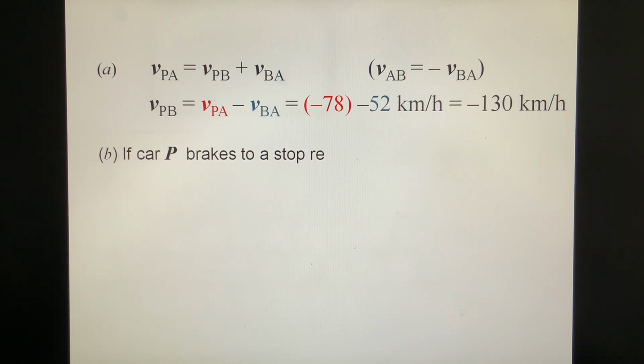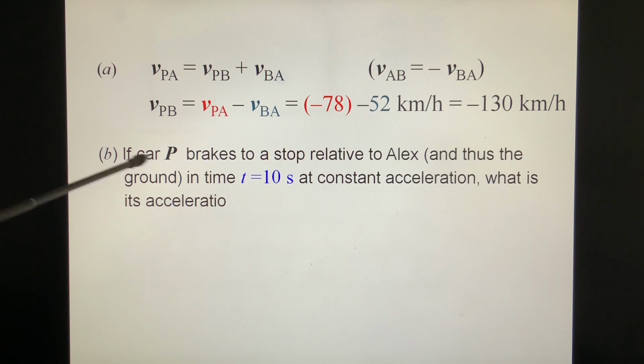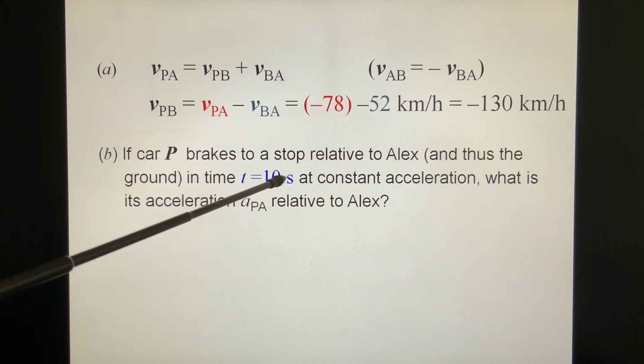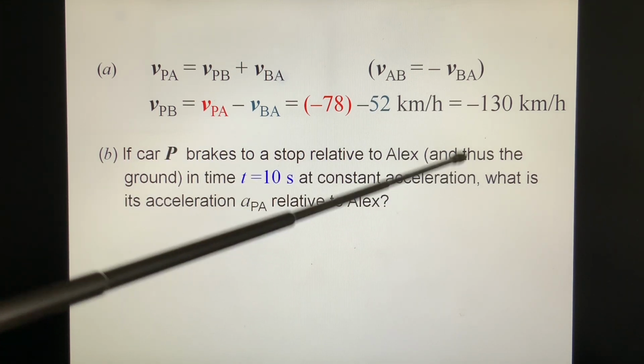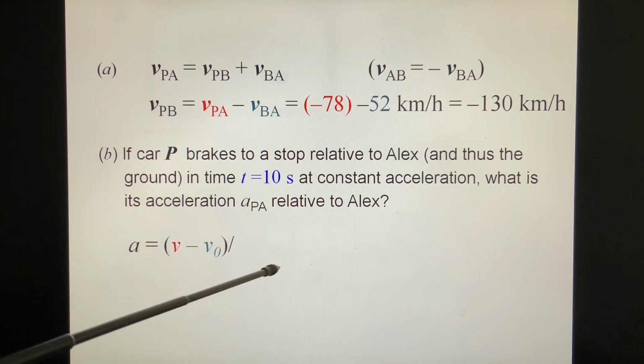Question B. If car P brakes to a stop relative to Alex, that is, in frame A, and thus the ground, in time t of 10 seconds, at constant acceleration, what is its acceleration APA relative to Alex? This is the acceleration of car P in frame A. That's very easy. We start from the definition: a equals (v minus v0) over t.